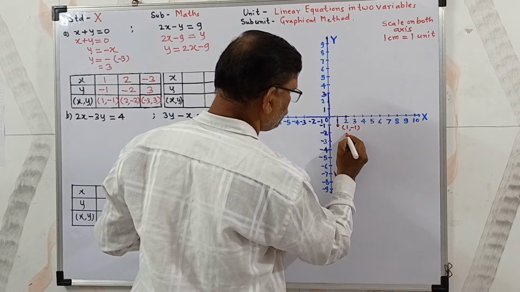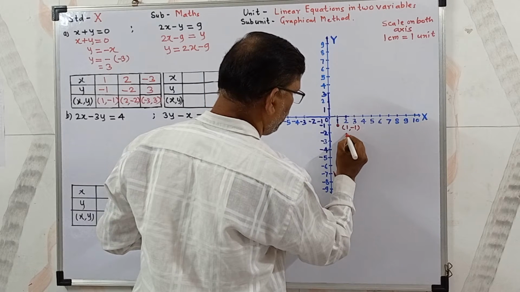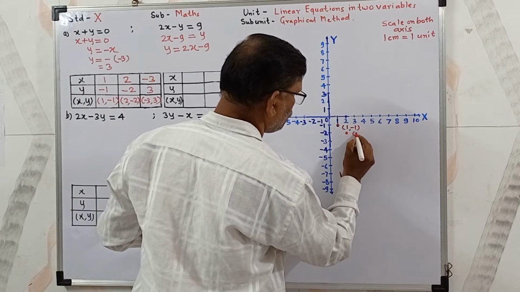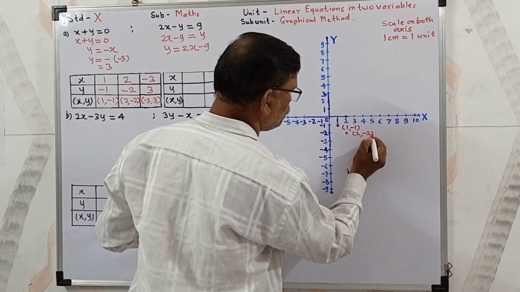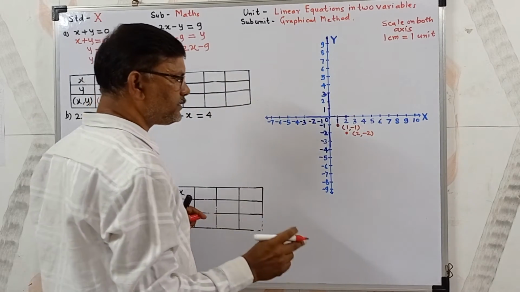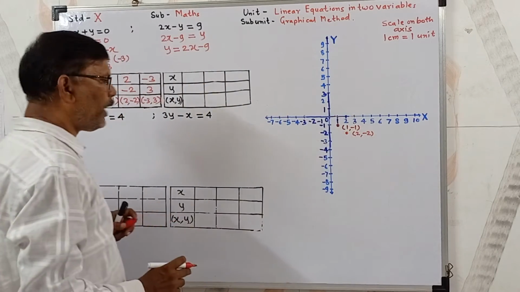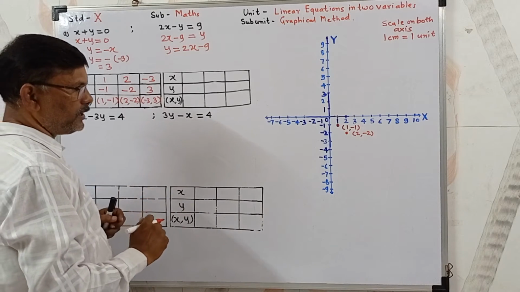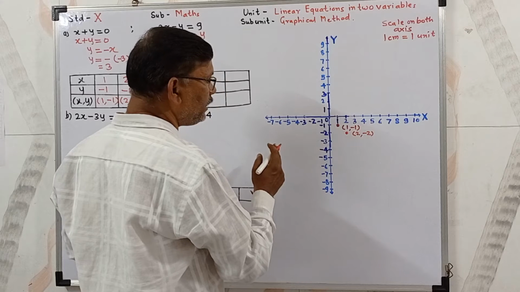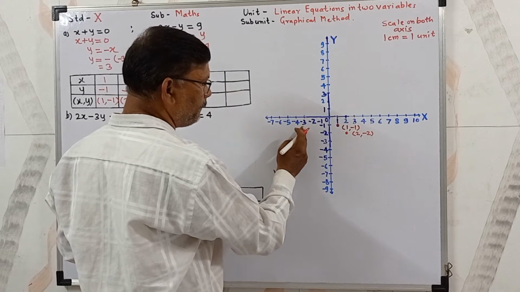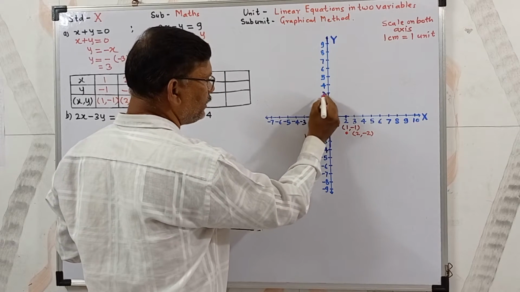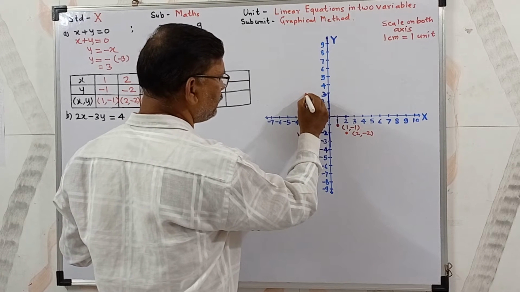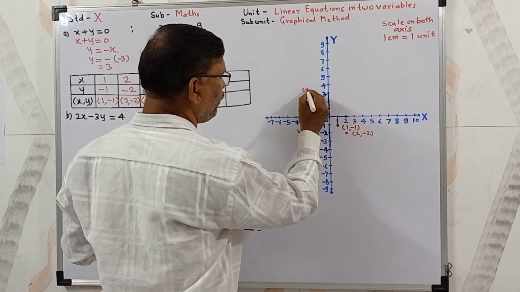And the third one is minus 3, 3. Here, minus 3, 3.